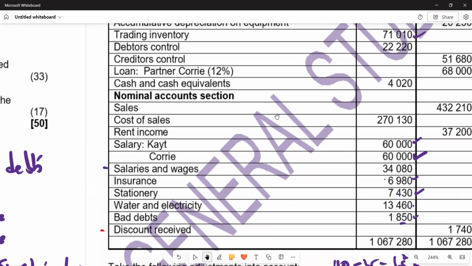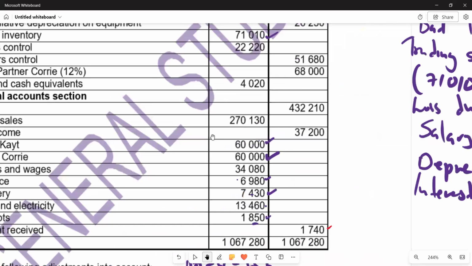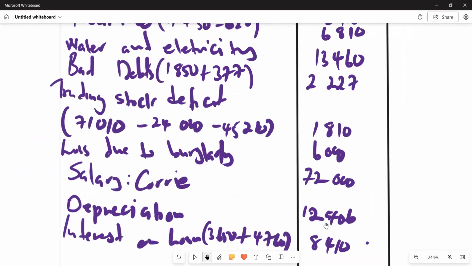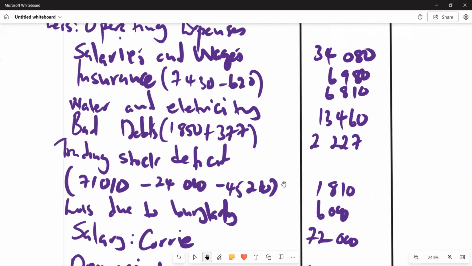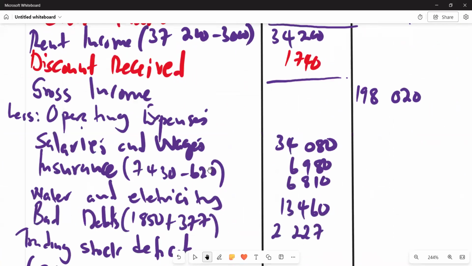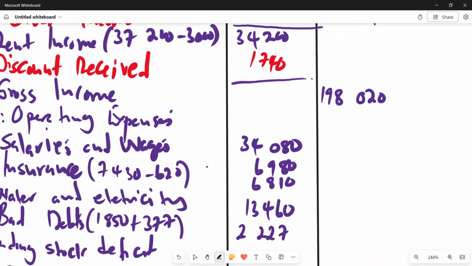So we can go there now and make our final calculations by adding all the expenses that we have. So we are going to add from our interest on loan going up to our salaries and wages, and you get your total, which is supposed to come in line with operating expenses, and that total is supposed to be 164,173. And obviously we subtract it from the gross income.